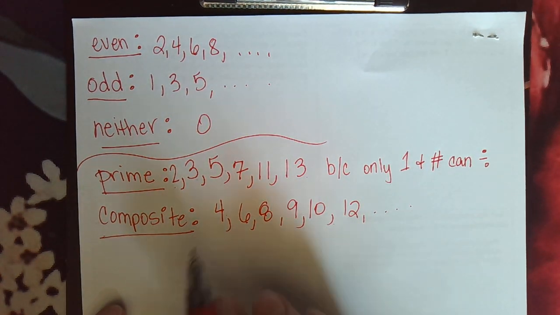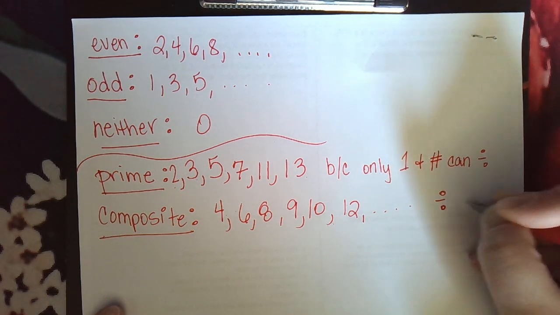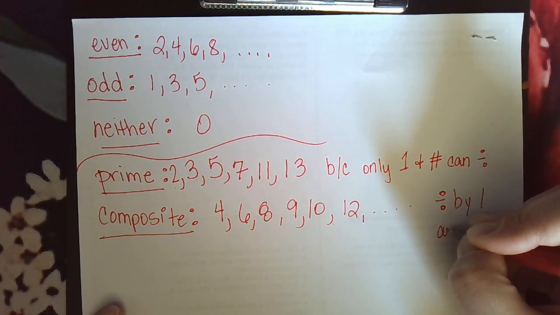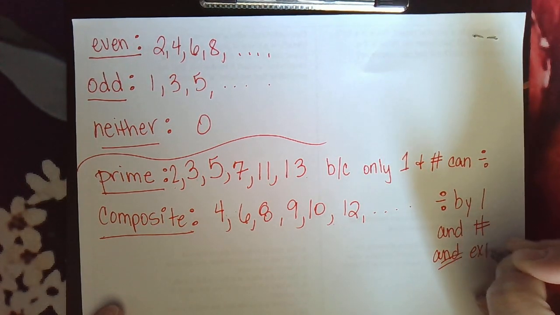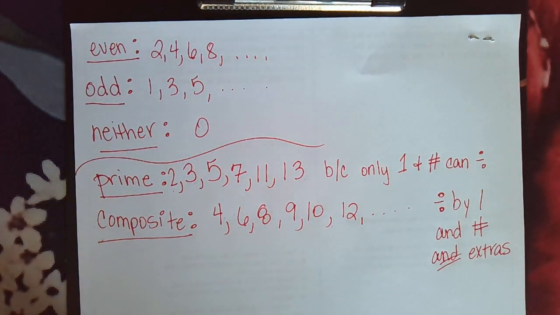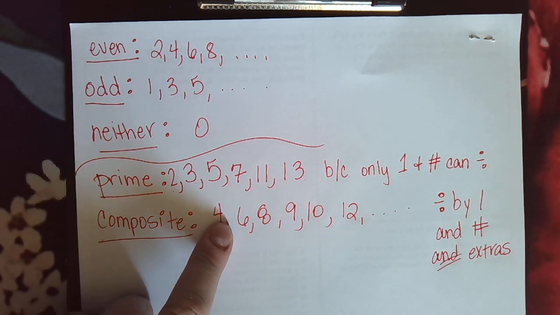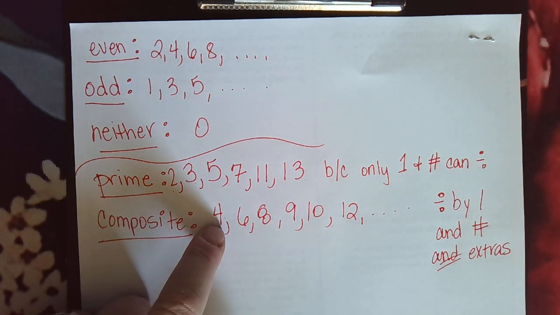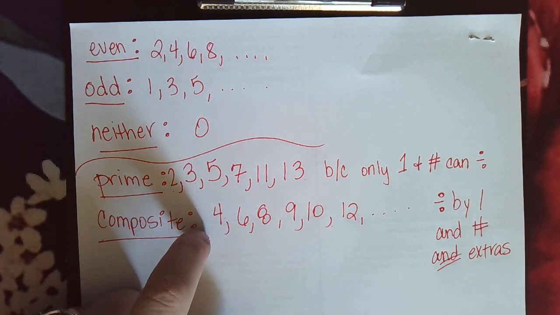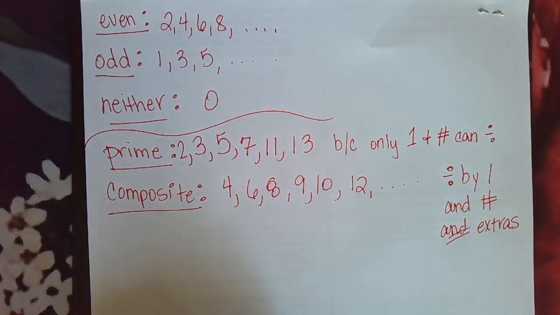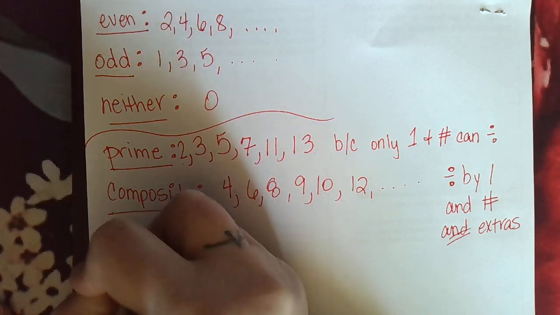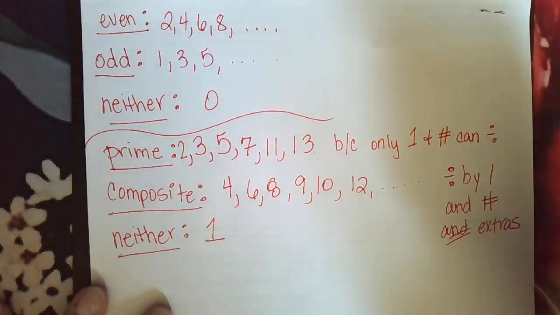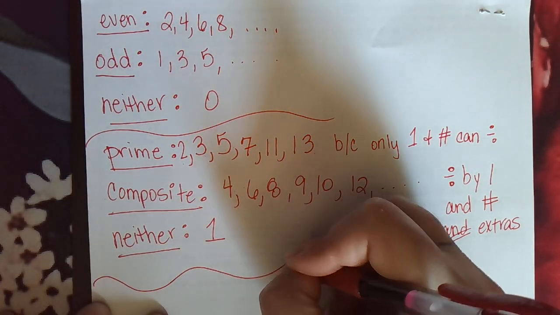These are composite because we can divide by 1, the number itself, and extras. The extra for 4 would be a 2. Neither prime nor composite is the number 1. We're going to need to know that later.